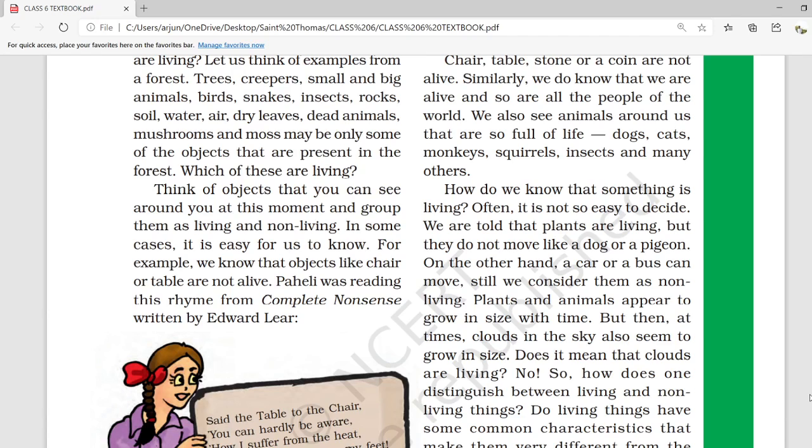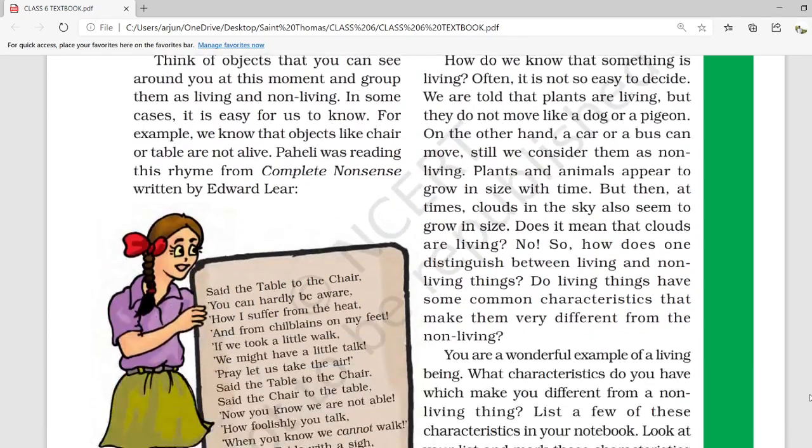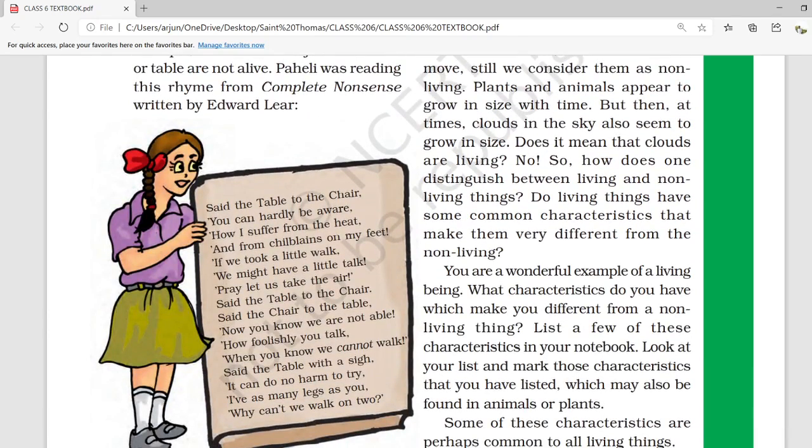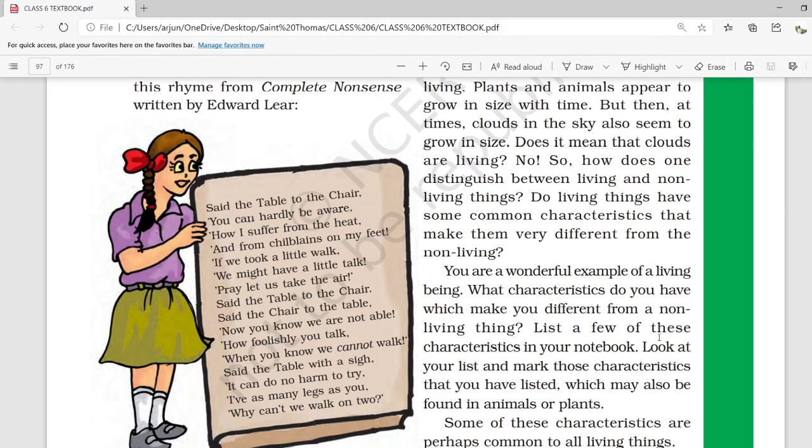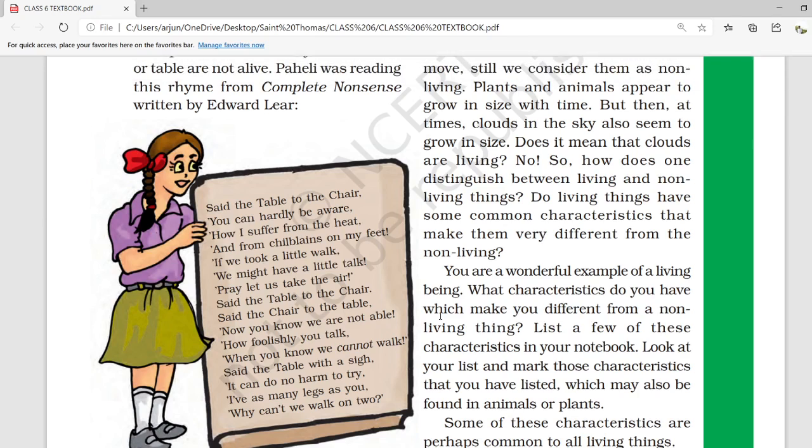Bailey was reading this rhyme from a book of complete nonsense written by Edward Lear. So, you can see this poem, okay? If you wish, you can read this in your homework, okay? This is a poem and it is a conversation between a table and chair.